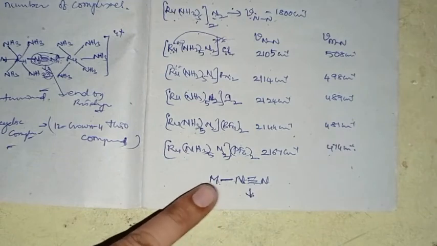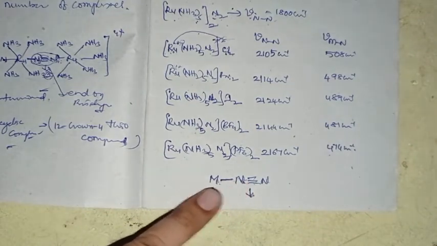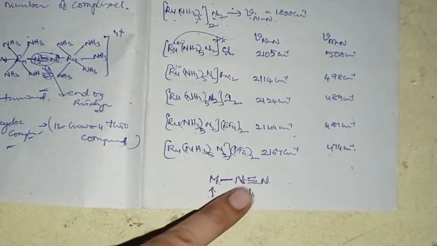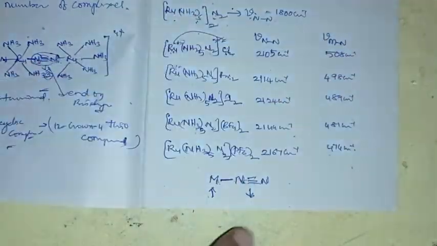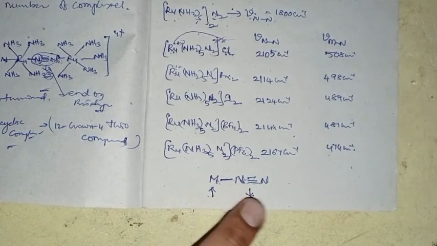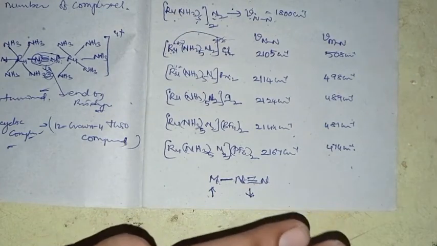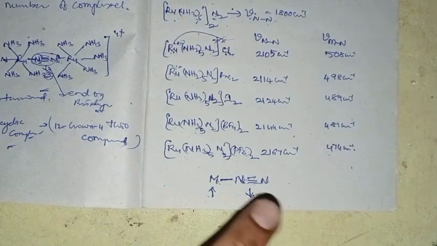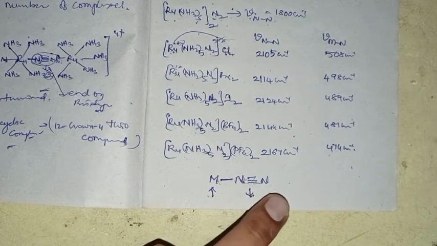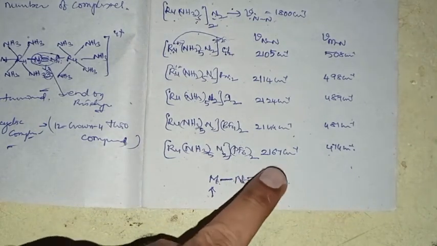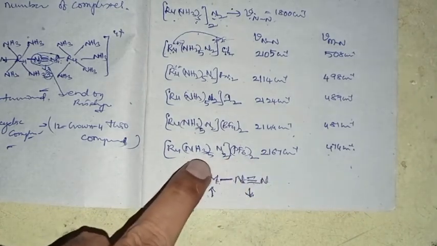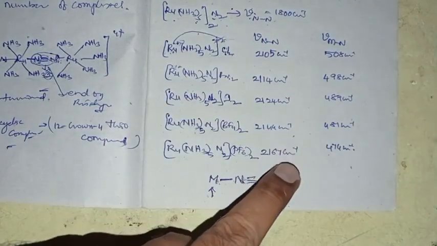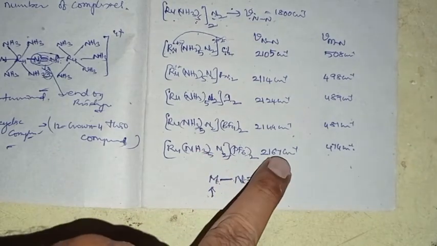And when there is a weaker metal to nitrogen bond, the nitrogen to nitrogen triple bond order will be strengthened, right. So the nitrogen to nitrogen bond order will be very large. And when the nitrogen to nitrogen bond order is larger, the stretching frequency will also be larger. So we will observe the larger nitrogen to nitrogen stretching frequency in the fifth complex, right.